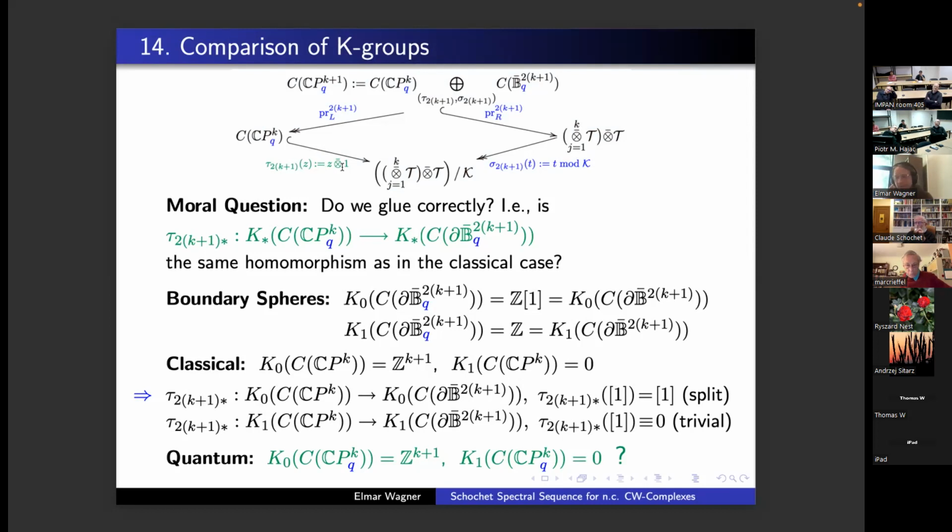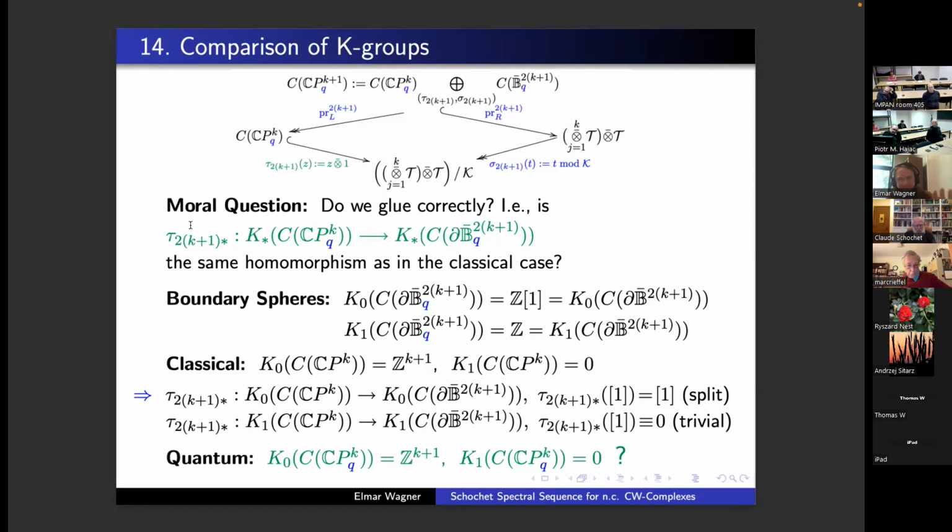So the reason to honestly call it a quantum projective space should be in the map, in the inclusion map. The inclusion map should have the information that it's indeed a quantum complex space. So we can have a look if we can compare this map, from the quantum case to the classical case.